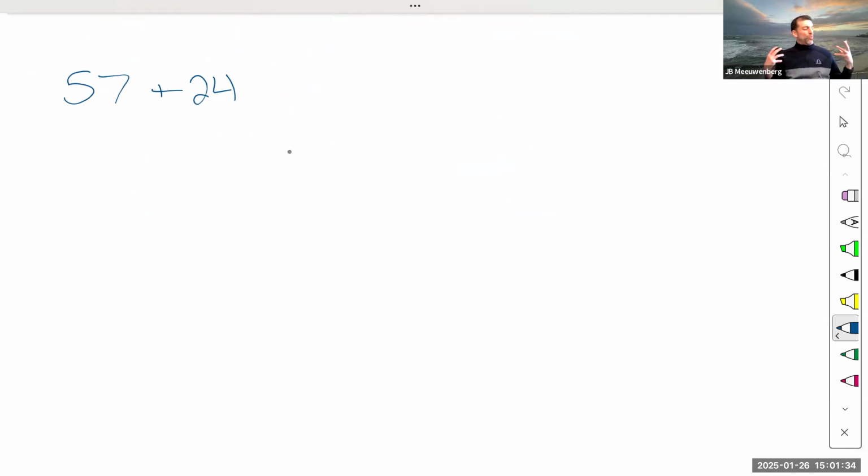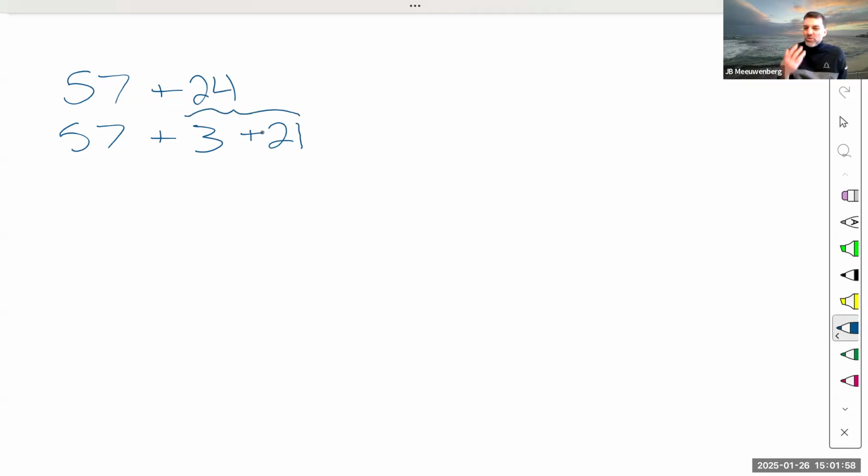So again, there are lots of different ways you could do it, but the way I saw it was 57 plus. I immediately said, how do I get my 57 just up to that next multiple of 10? That would take 3. And then if I remove 3 from the 24, I'm left with 21. Right?